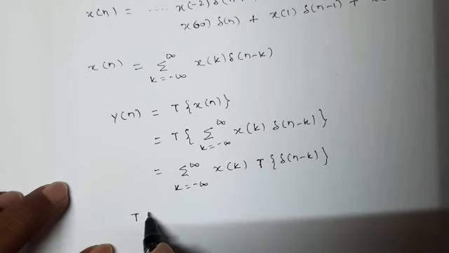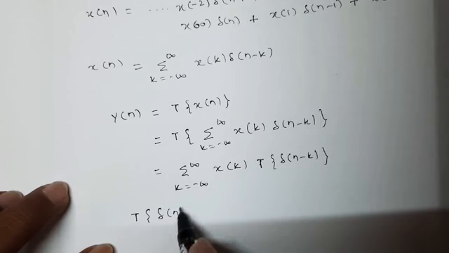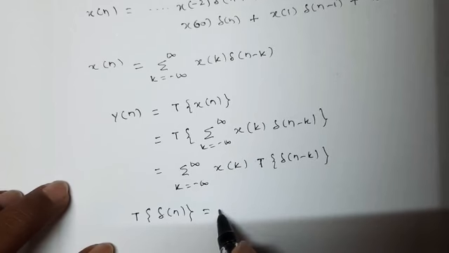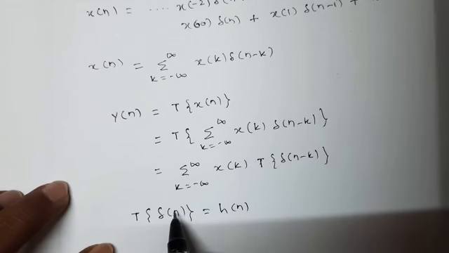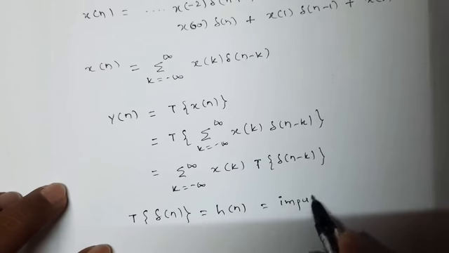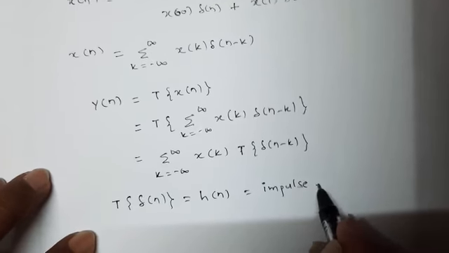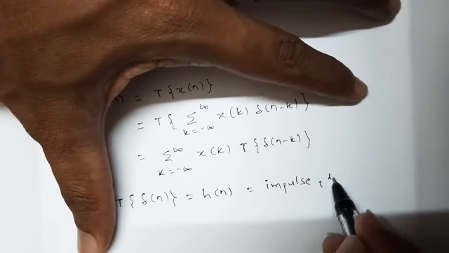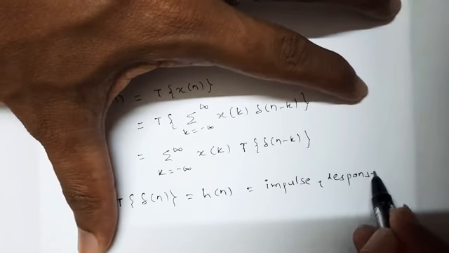So T of del of n is represented as h of n, which we call h of n, the impulse response of the system. When the input is del of n to a system, it produces output h of n, which we call the impulse response of a system.